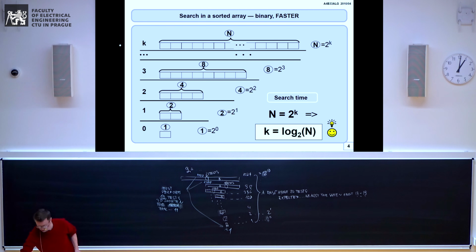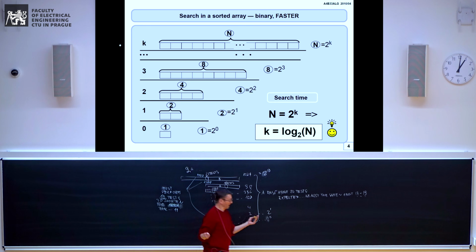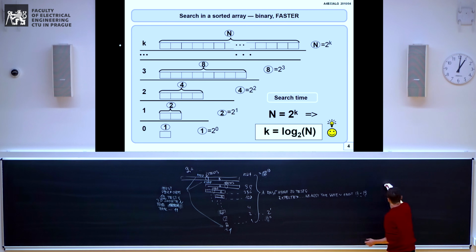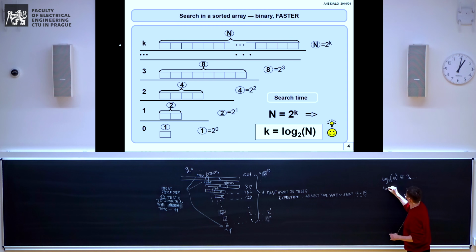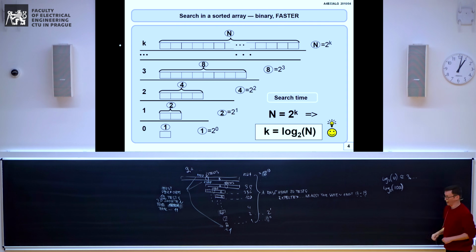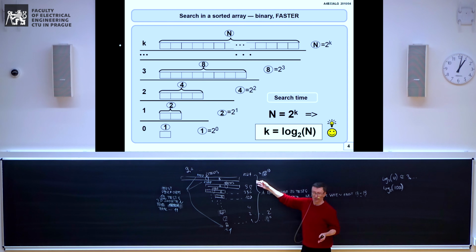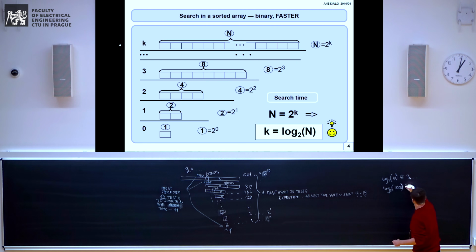So just to remind everybody how big those numbers are, let's say, logarithm 2 of 10 is 3 point something. I don't know how much. What is important is that the binary logarithm of 1,000 is more or less similar to the binary logarithm of 1024, which is 10. So that's about 10.